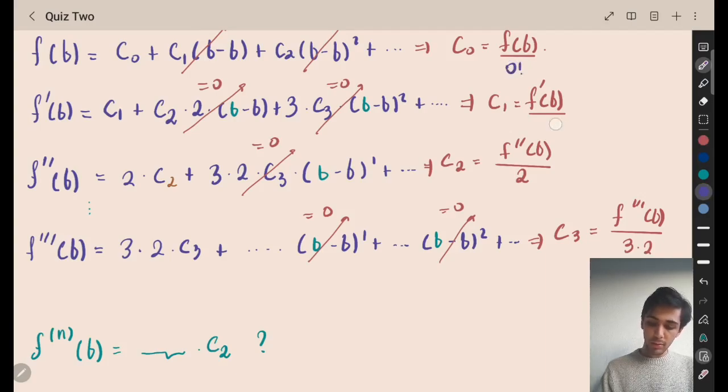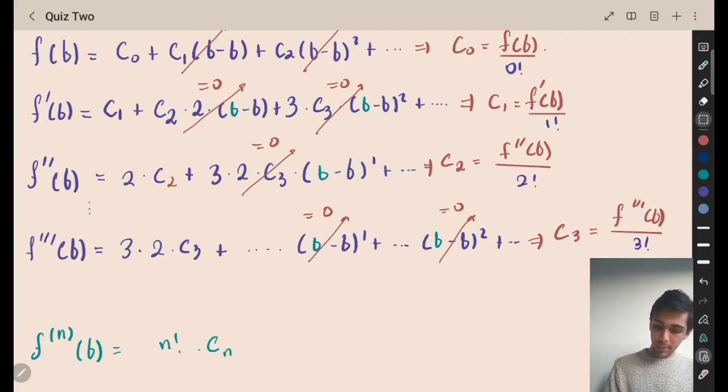This is 0 factorial, and this is 1 factorial, and this is 2 factorial, and this is 3 factorial. And you should agree with me on this. So what's going on here really is you have n factorial times Cn.